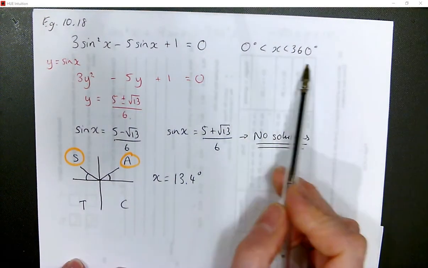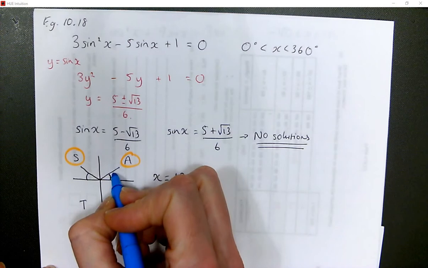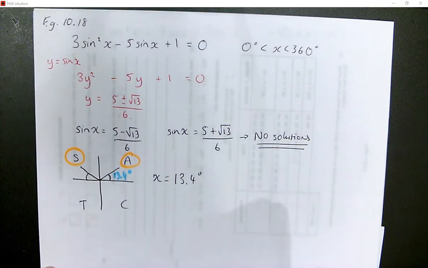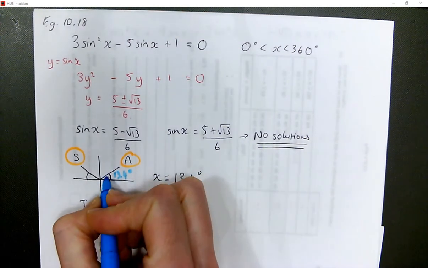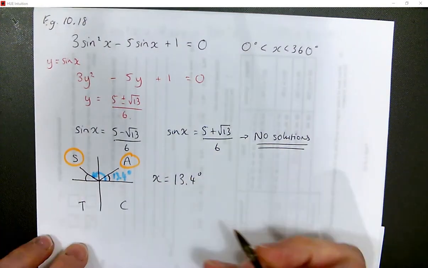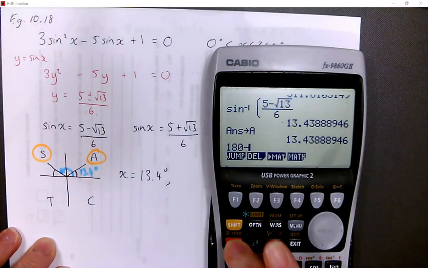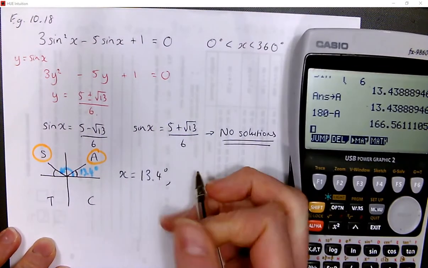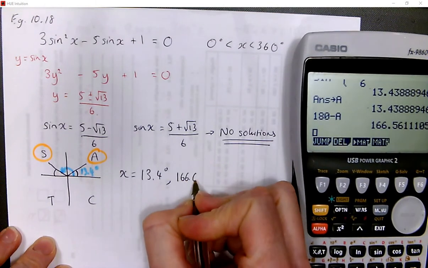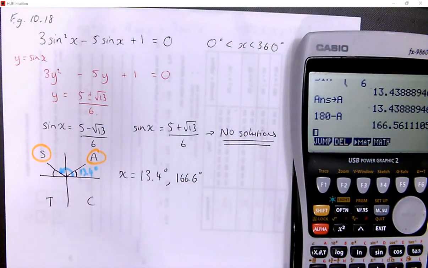And then we want to find all of the solutions in the range 0 up to 360. So we've already got our 13.4 degrees there, okay, but if we whirl around, we want to do 180 minus 13.4 degrees. Okay, 166.6 degrees, and that will be it, because we can get around to 360 and not hit any more.